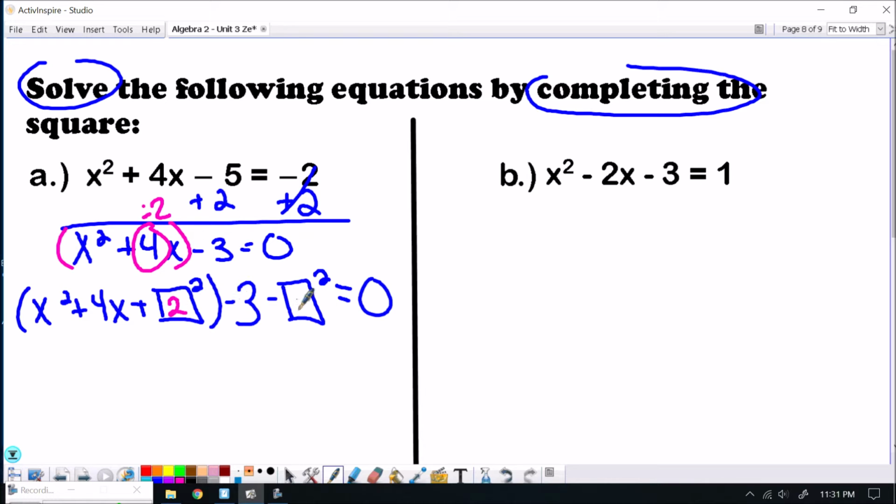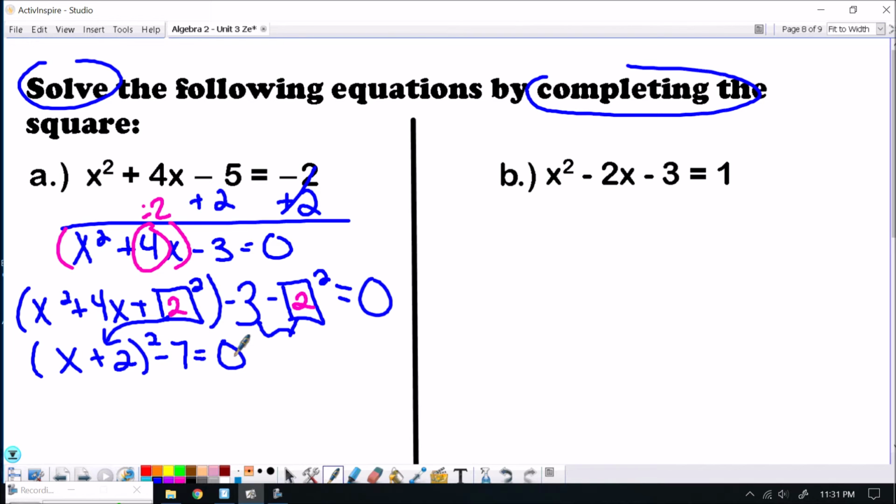So I'm going to put a 2 inside the box. When I complete the square, then I have x plus 2 squared, minus 3 minus 4, so minus 3 minus 4 would be negative 7, is equal to 0.